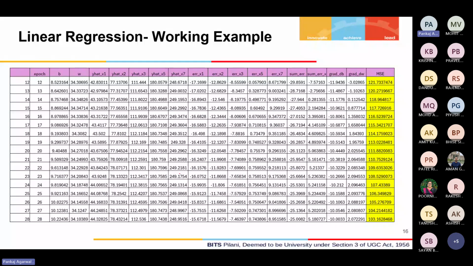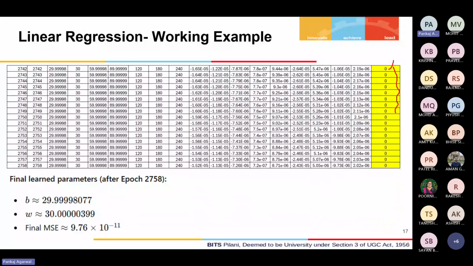It is just to give an idea of how the MSE is decreasing, right? There are phases where we can see that at this stage it started showing 0, and at some other stage you can stop.